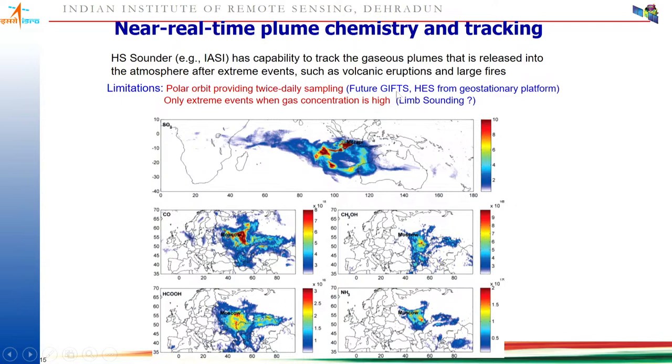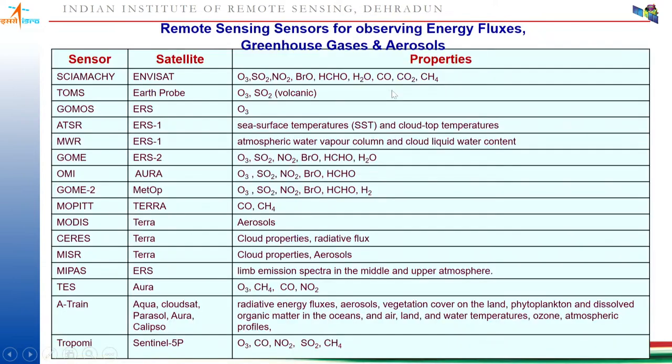The importance of the geostationary platform is that every 30 minutes we have the data, as compared to the polar orbit where we have only 12 hours or 24 hours of data. So this helps in monitoring the high frequency domain. Every 30 minutes, so in a day we can have around 12 to 20 data sets, and this helps to track at a very fine time resolution.